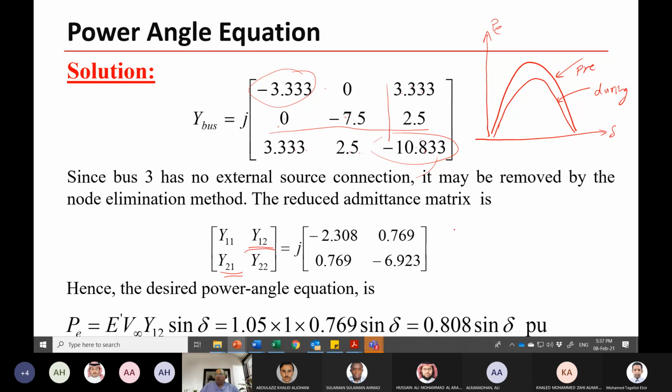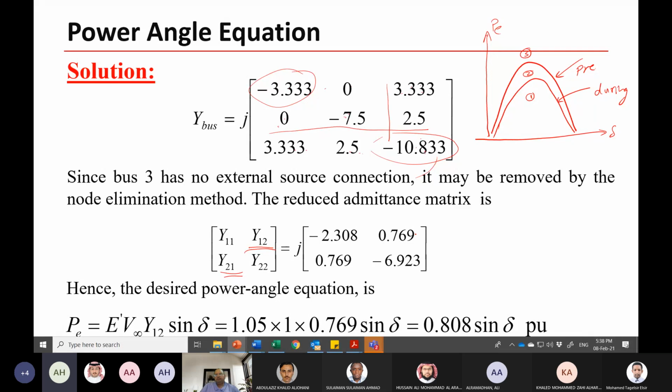So if we remove the next step, if we remove this faulty line, where is the curve of the post-fault? Region 1, 2, 3. Can you, Ayub?